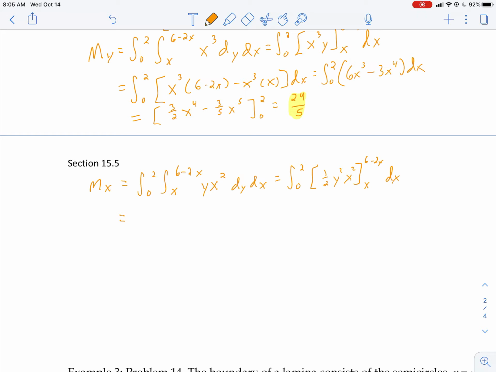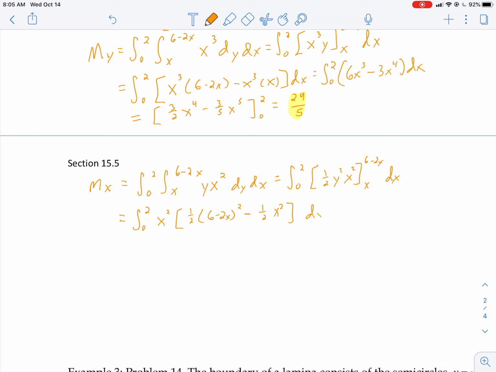Now I could pull out the x squared in front because they both have an x squared. So from 0 to 2, x squared, and then we evaluate by putting it in, so 1/2 times 6 minus 2x squared minus 1/2 x squared.